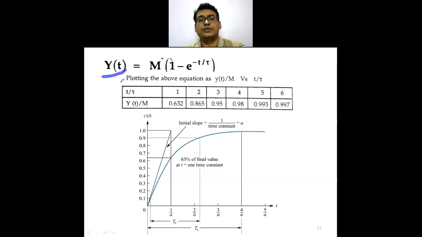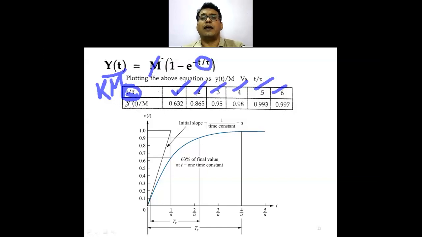This is M into K, so K will get cancelled. Against t upon tau, I am going to put the values 1, 2, 3, 4, 5 and 6.